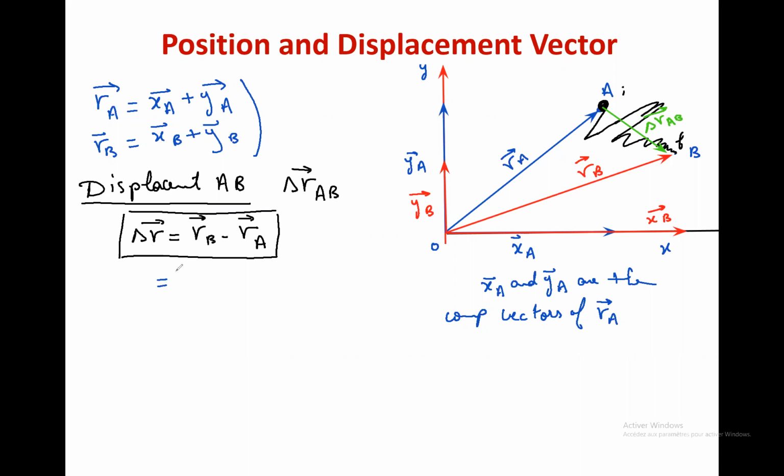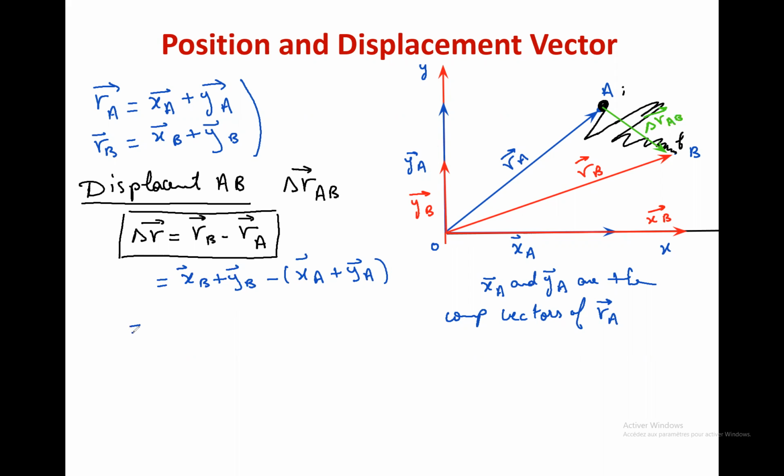Okay, we substitute the position vectors of A and B, XB plus YB minus XA plus YA. Here we have XA in the positive direction, YA in the positive direction, I and J. The same for B, XB and YB.